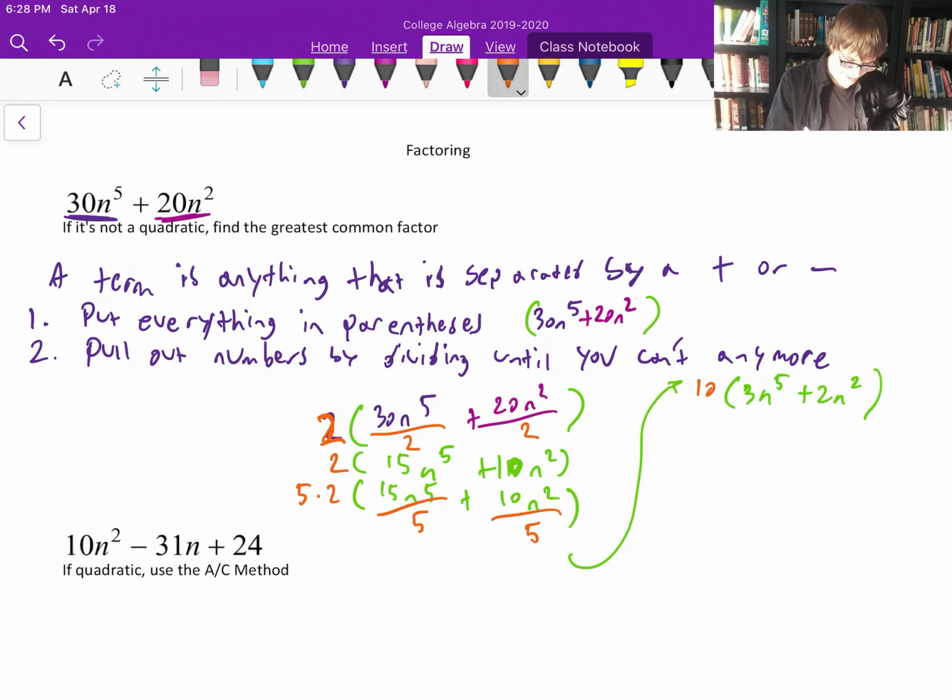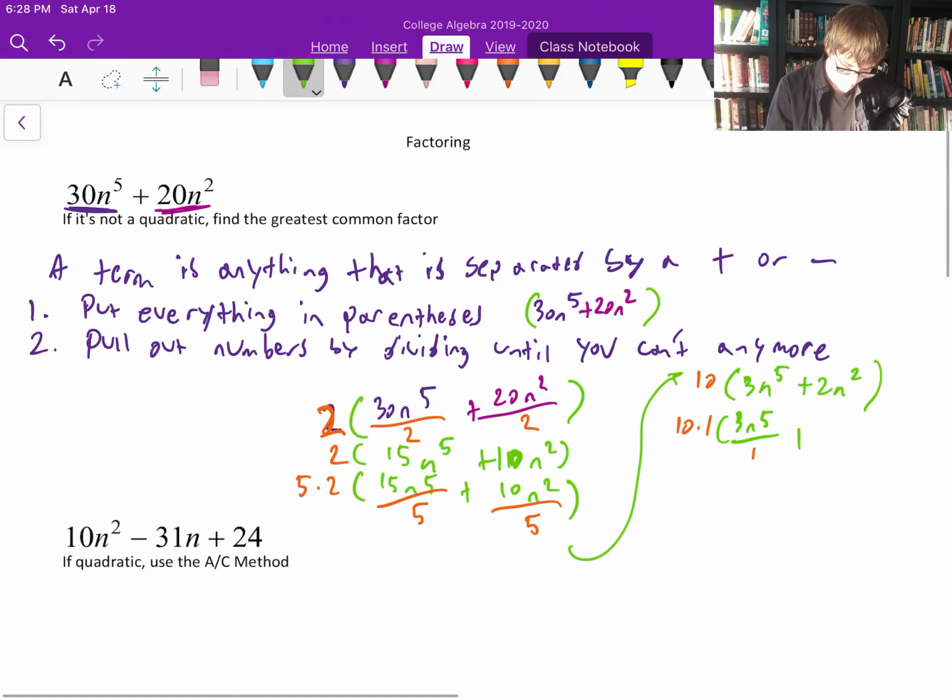So I can divide both these by 1 and say, I'll do 10 times 1, and then 3n to the 5th divided by 1, plus 2n squared divided by 1.